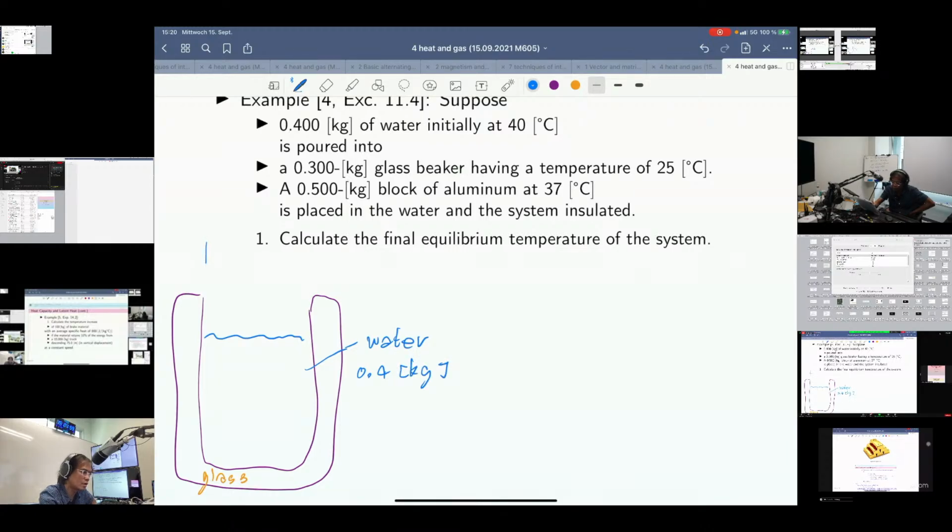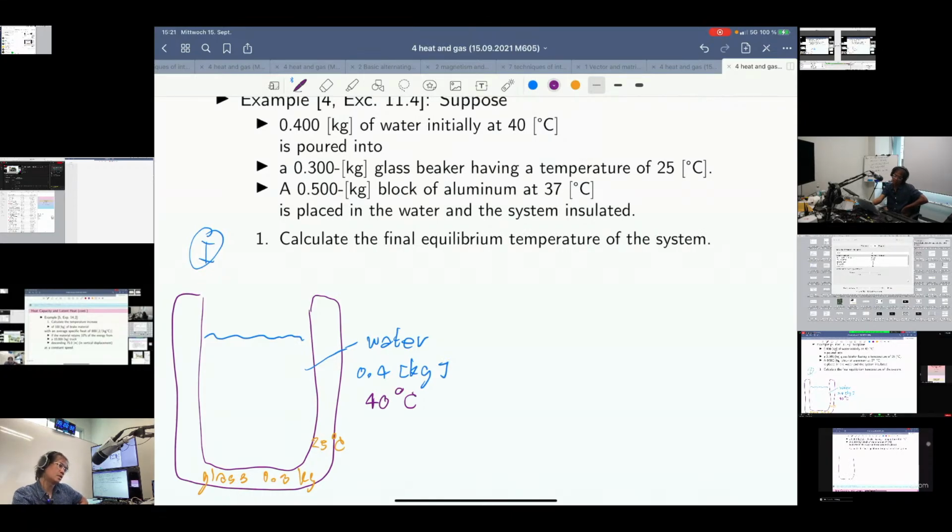This is state one. And then state two is that the glass has a mass of 0.3 kilogram, and initial temperature is 25 degrees Celsius, and this water is 40 degrees Celsius.